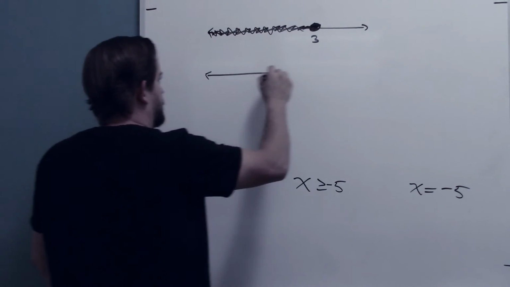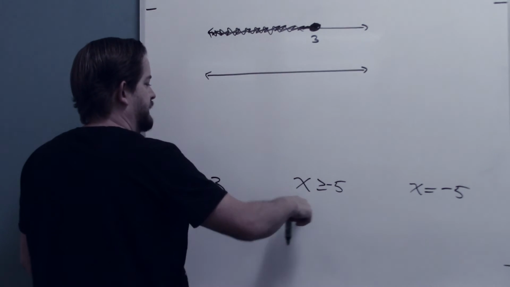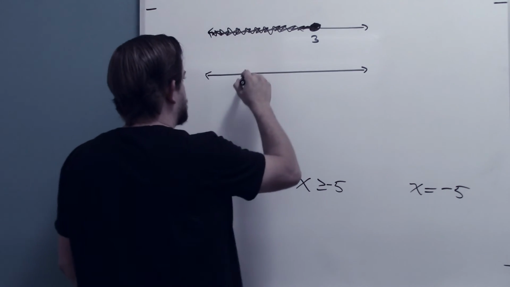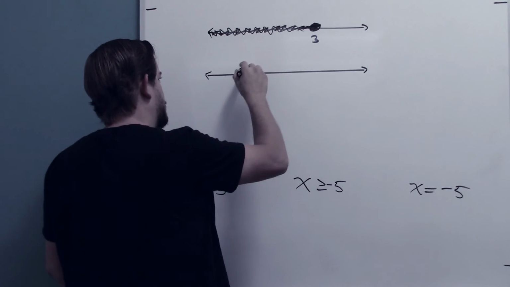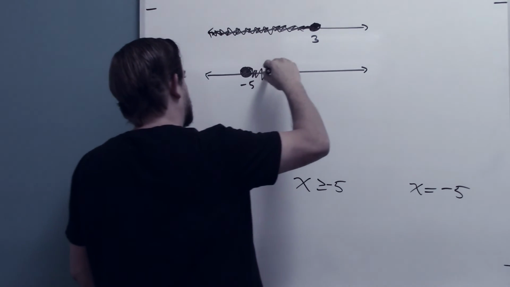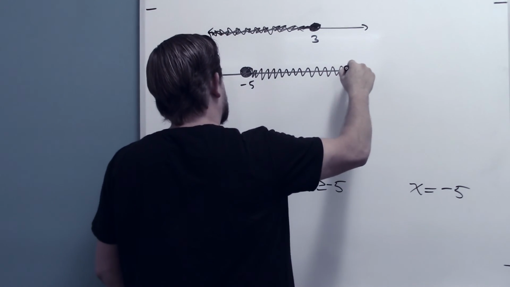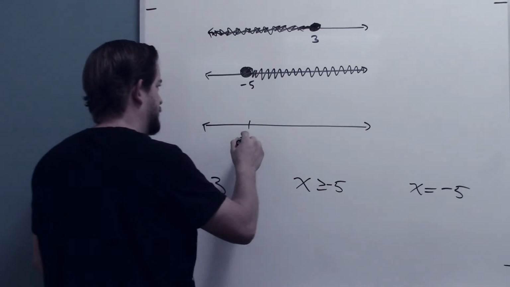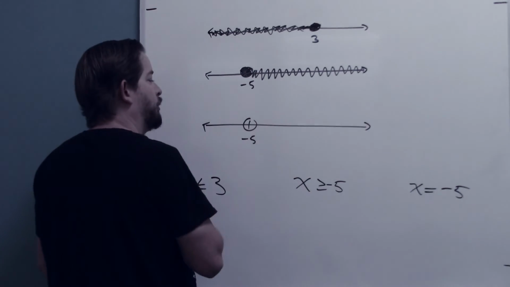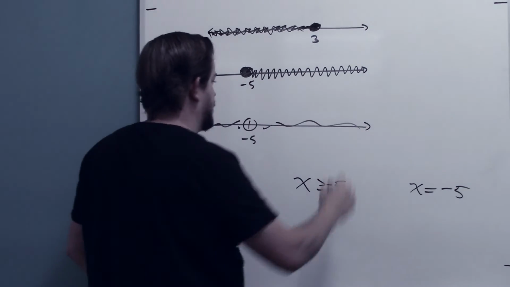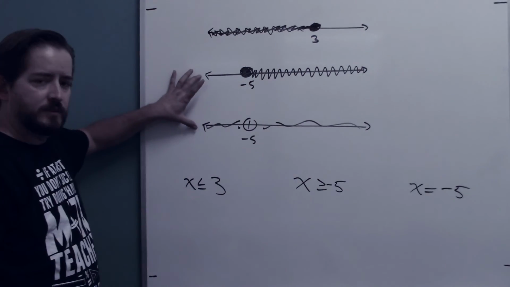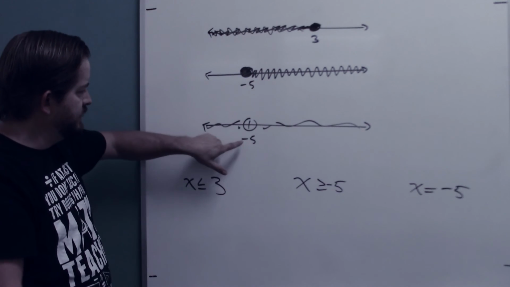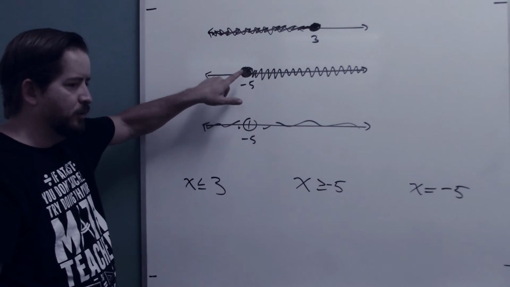The second one is x is greater than or equal to negative 5, so there's negative 5, solid, shaded to the right. And then the other one is simply an open dot at negative 5, but everything else is fair game.